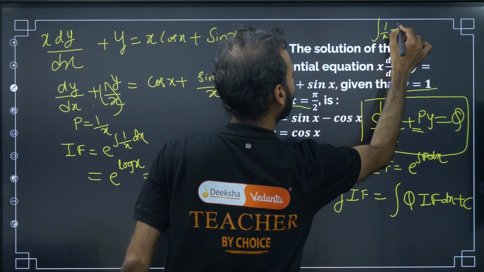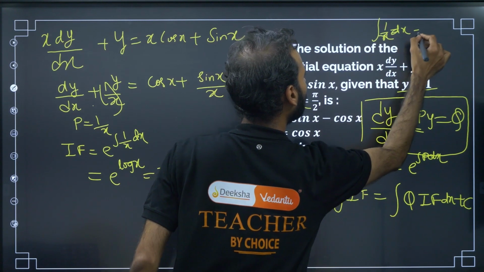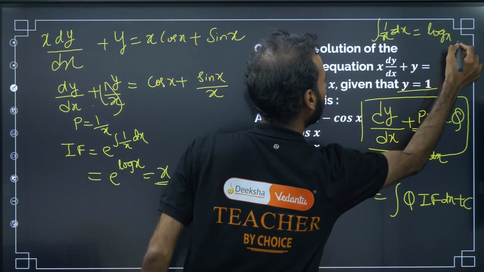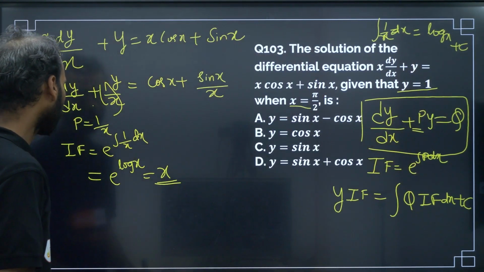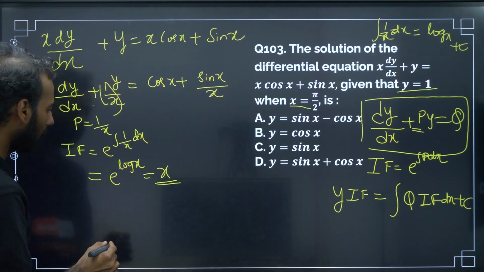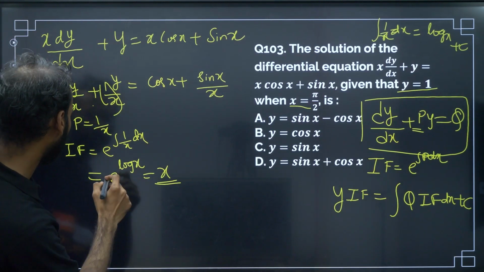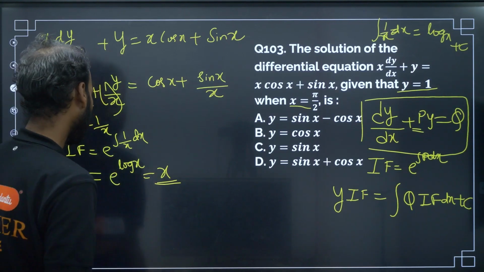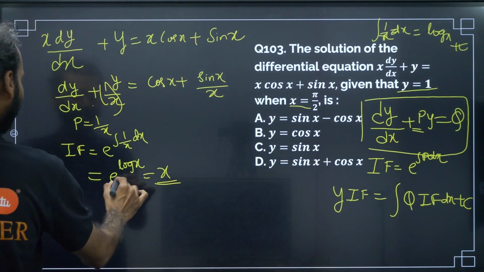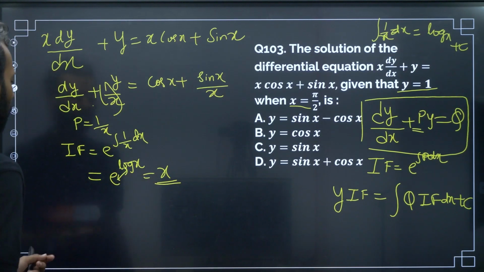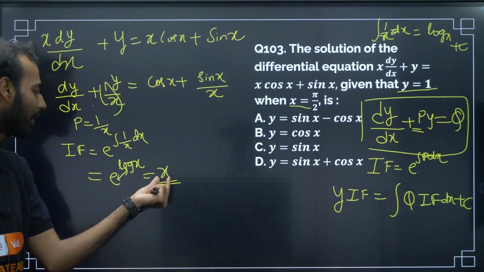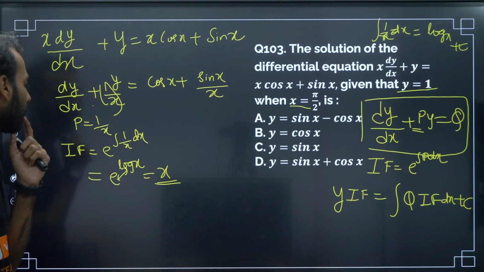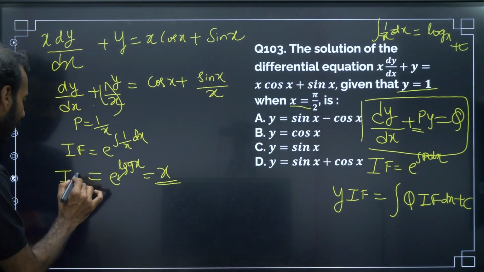Integration of 1 by x dx is log x plus c. e raised to log x is x. e and log are inverse functions of each other, so they cancel, and finally we are left with x. So IF is x.